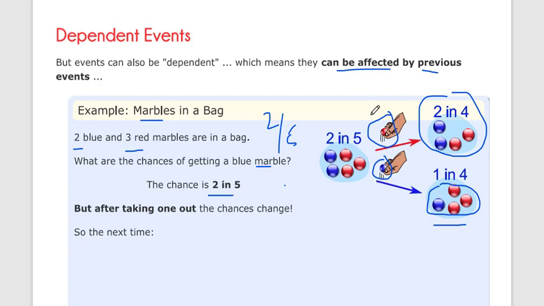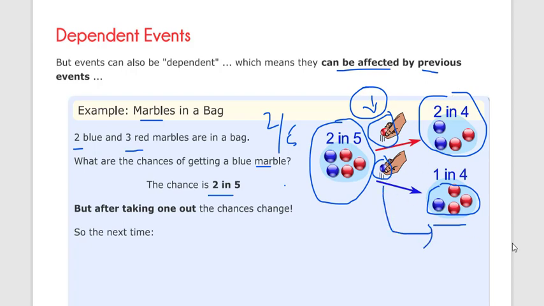So this probability is for the first event, choosing one blue marble. Now if we have to choose a second blue marble, we depend on what the first outcome was. If it was a red, then the probability is 2 by 4. If it was a blue, then the probability is 1 by 4.